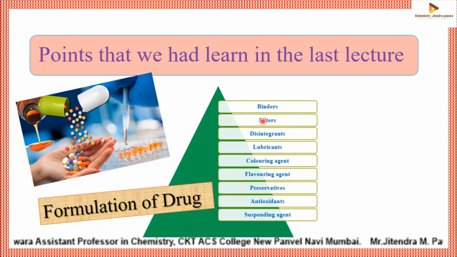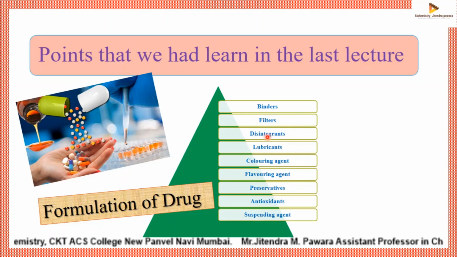Then the second formulation component is fillers. They are used to make a powder bulky so that a tablet of acceptable size is produced. Examples are calcium sulfate, calcium phosphate, lactose and cellulose, and it also helps to improve the impurity from the drugs.